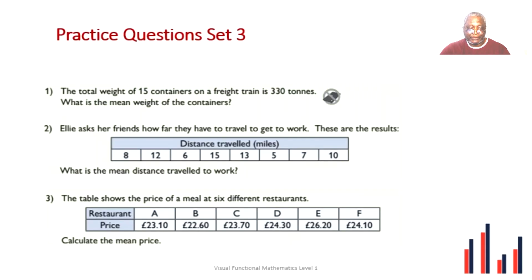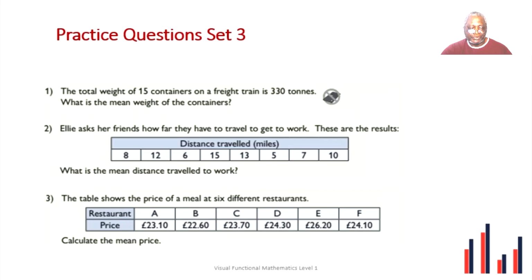Practice question set 3. Question 2. Ellie asked a friend how far they have to travel to get to work. These are the results. You have to add all the distances traveled in miles and divide by the number of friends.